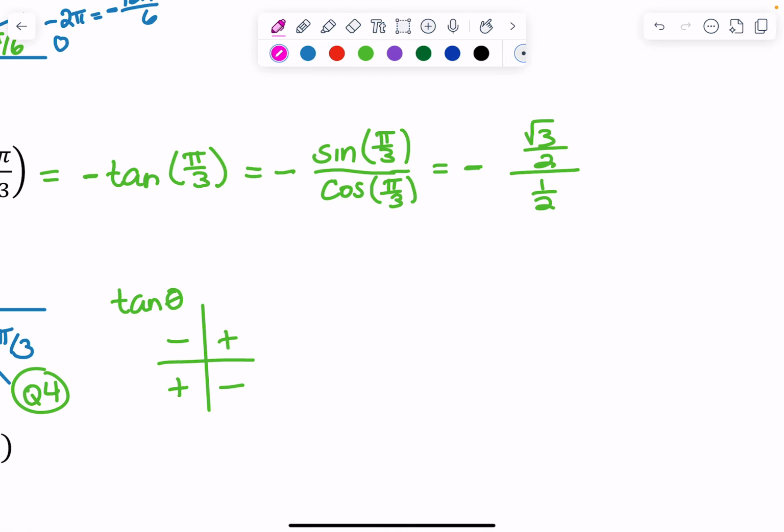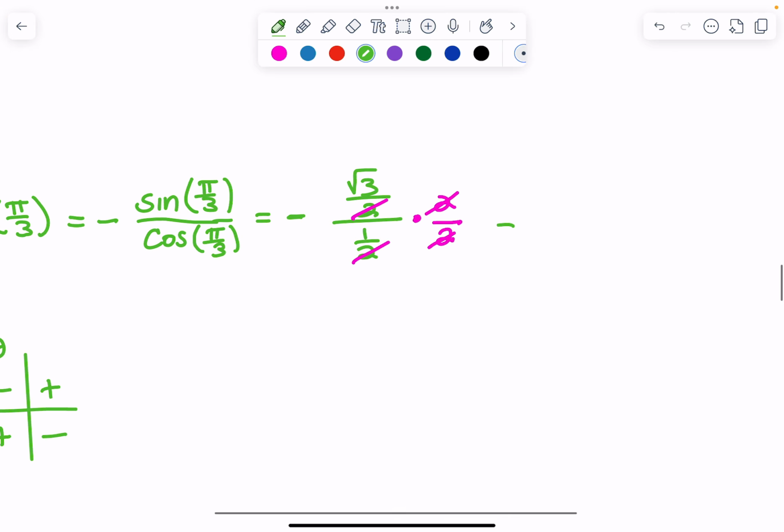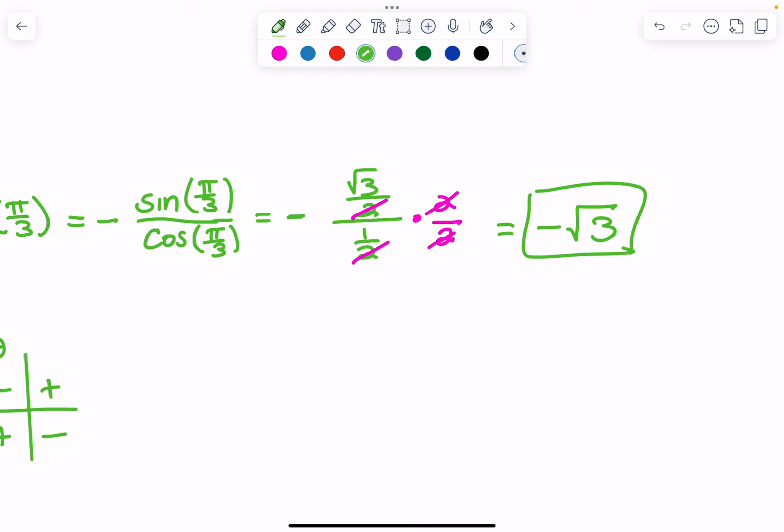Your choice. You can cross out those 2's in the denominators, or multiply both my numerator and denominator by a 2, and you can see those cross out and those cross out. And what I'm left with is just a negative root 3. The 1 goes away, divided by 1, it doesn't matter. Well, it matters, but it doesn't impact my negative root 3.